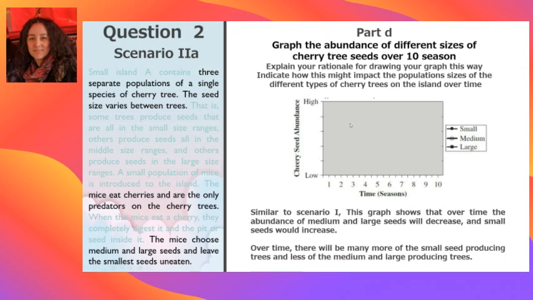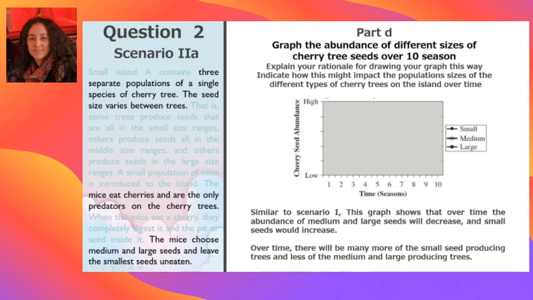Okay, so I didn't go ahead and fill this out for you, but there's a description here, and it will probably look quite similar to the last one. So this graph would show that over time, the abundance of medium and large seeds would decrease, and the small seeds would increase. And touching on that population again, over time there would be many more of the small seed producing trees and less of the medium and large producing trees.